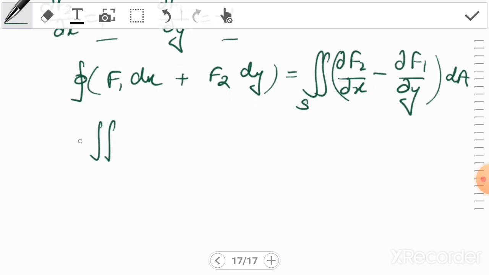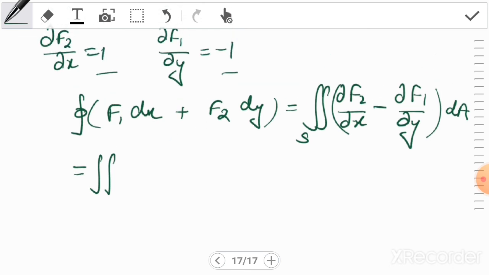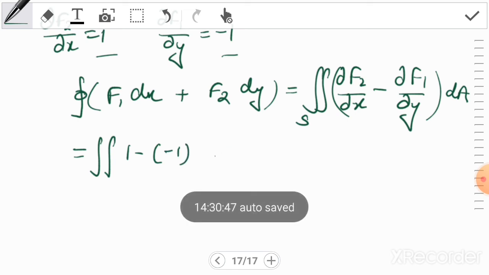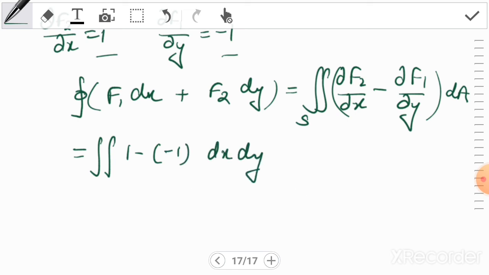So this is equal to 1 minus of minus 1, dA, where dA is dx dy, which is 2 dA.